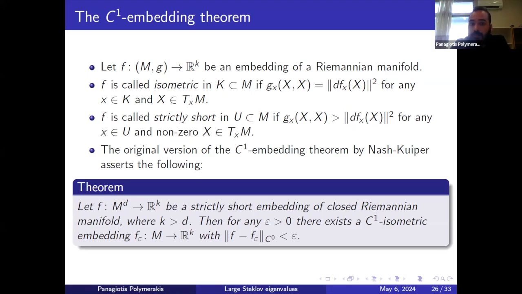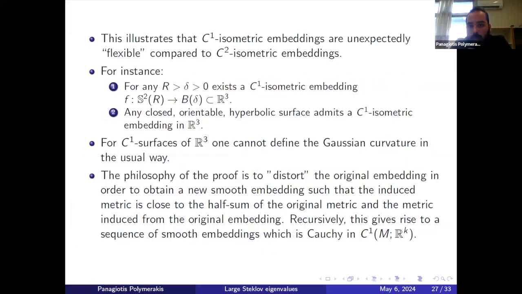Suppose that F is a strictly short embedding of a closed Riemannian manifold into Euclidean space of larger dimension. Then, for any epsilon positive, there is a C1 isometric embedding from the manifold into the Euclidean space, which is C0 epsilon-close to the original embedding. This illustrates that C1 isometric embeddings are much more flexible than more regular embeddings.